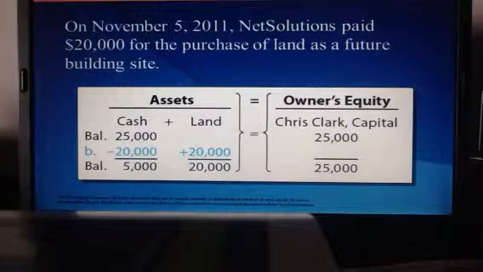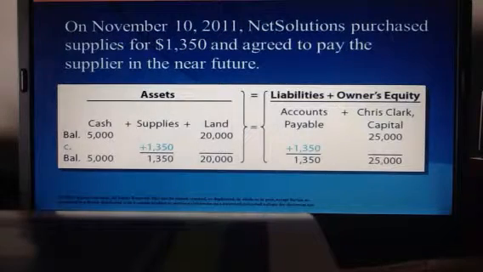And notice they are recalculating the balance for each account. Cash now has a balance of $5,000, land has a balance of $20,000, and Chris Clark, Capital still has a balance of $25,000. Notice that the equation still balances. The left-hand side, the cash plus the land totals $25,000, and then on the right-hand side, Chris Clark, Capital is also $25,000.